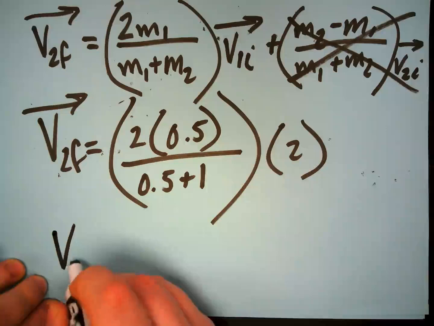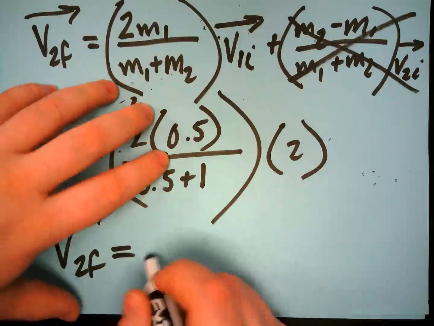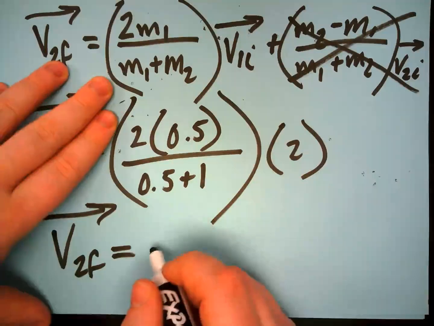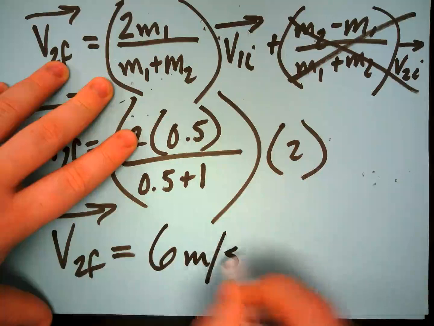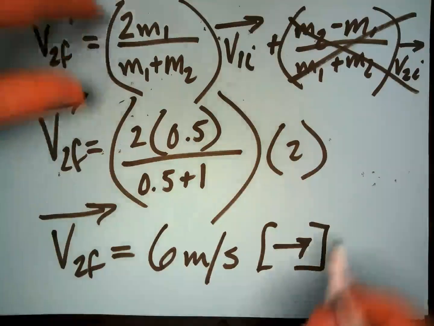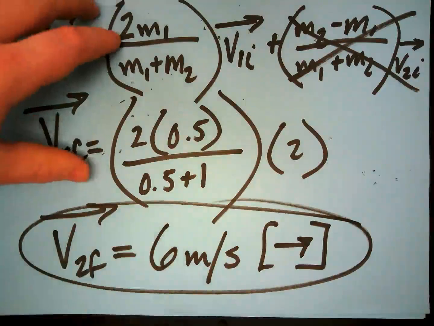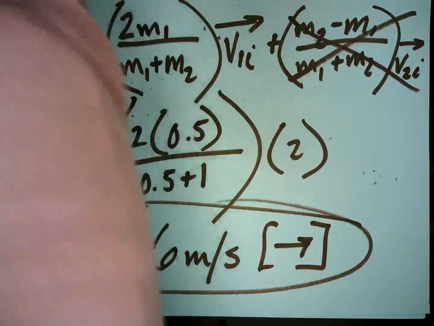So then all that momentum, all that energy is now being transferred to our second object, which was sitting at rest, and is now going to move at 6 meters per second. And because it's positive, it's 6 meters per second in the same direction as our first cart when it was initially moving towards the object. Okay?